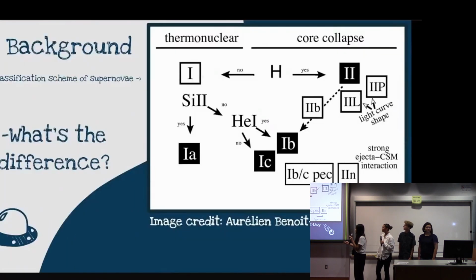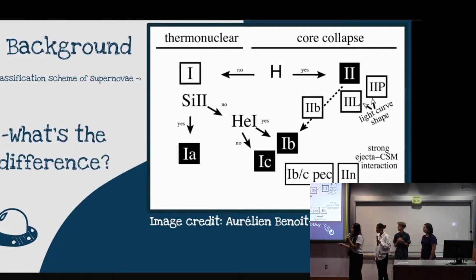supernovas. So first of all, how do we classify supernovas? Well, we use a spectroscopic approach, and we use the spectra. A spectrum is basically a graph of the intensity of light through wavelengths, which we calculate in angstroms.